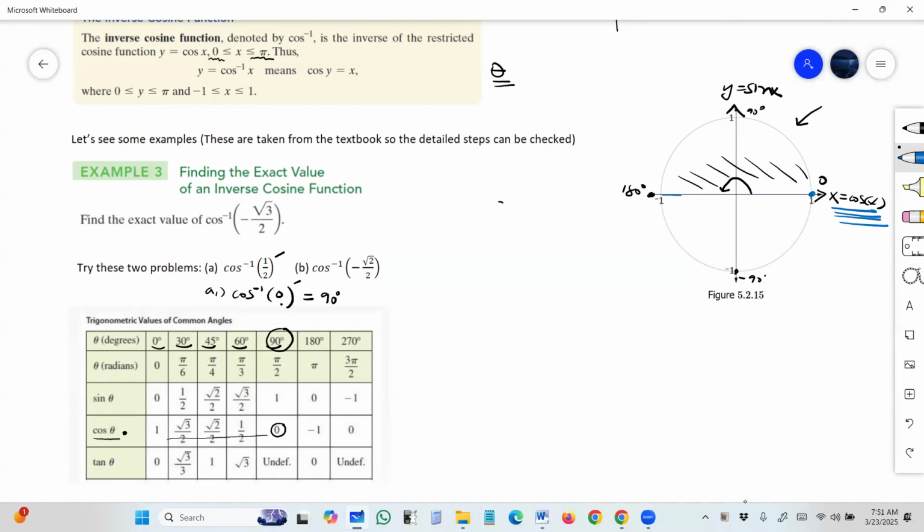So cosine of 0 degrees is 1, and then as we move along this line, the cosine decreases until it gets to this point right here. This point has what x coordinate? Well, the x coordinate is 0, so at 90 degrees.